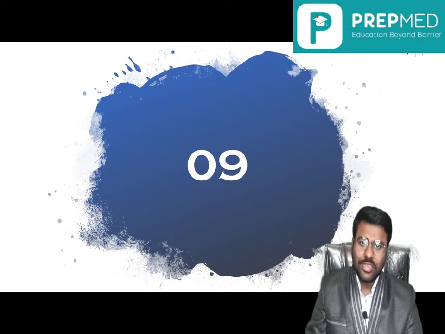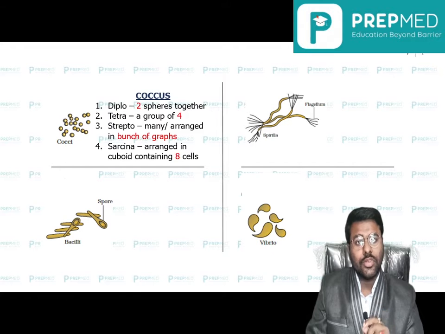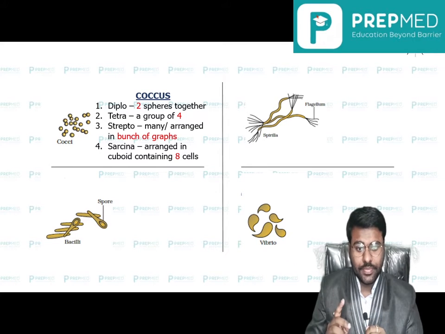Now coming to slide number 9, where you can see clearly 4 bacterial images. First, the round, spherical shape is coccus. Now there are 4 points very important for your exam: Diplococcus, Tetracoccus, Streptococcus and Sarcina.